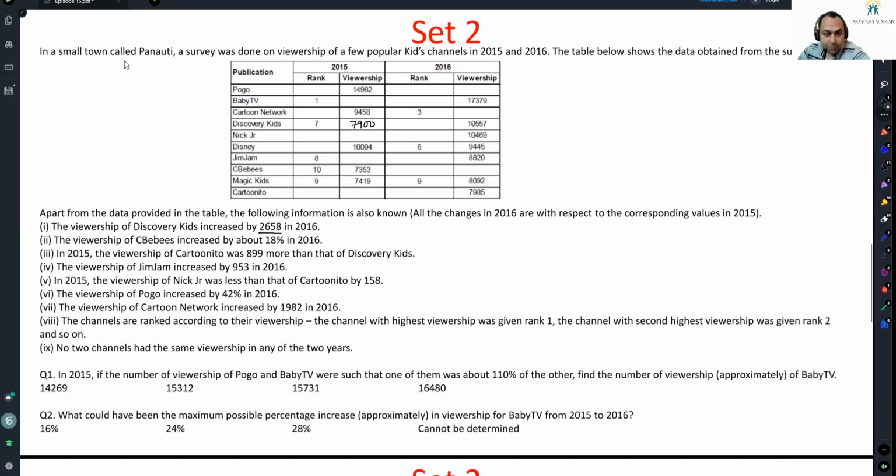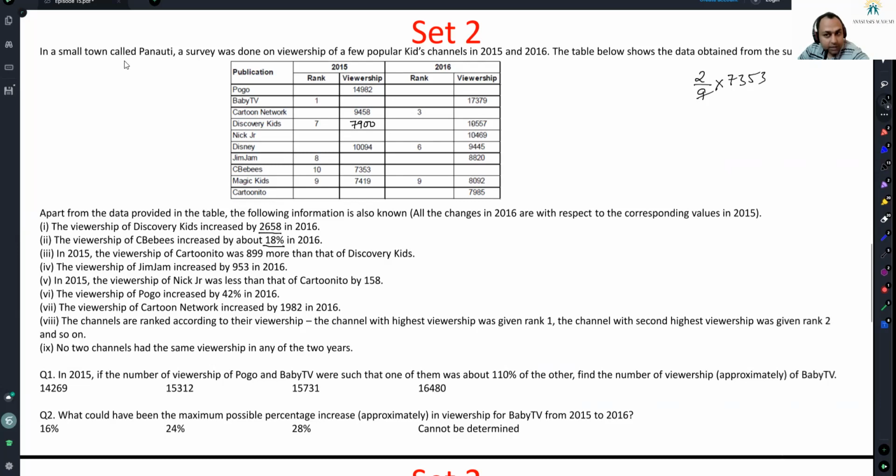Next is the viewership of CBs increased by about 18% in 2016. CBs, where is CBs? This has increased by 18%. Now 18%, I understand it to be roughly 2/9. So 18.18%, no? So 2 by 9 into 7,353.